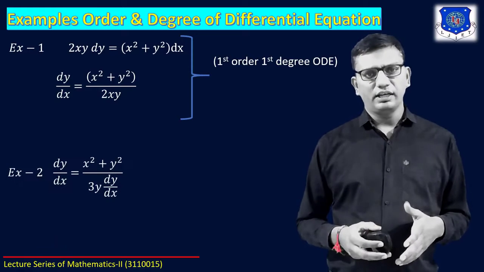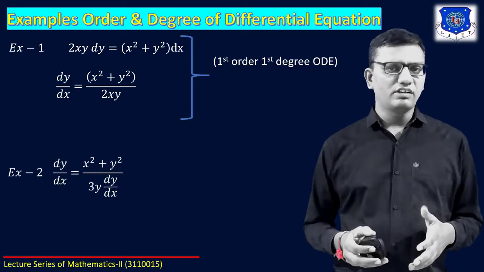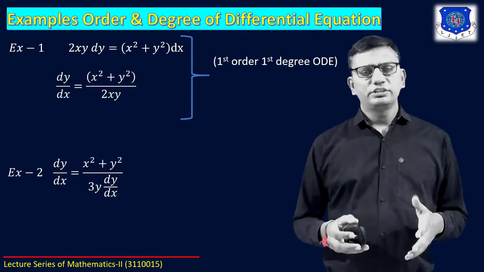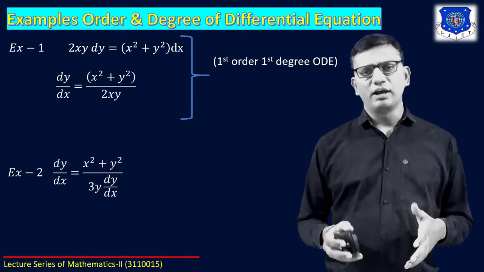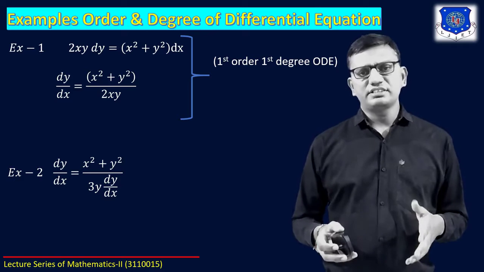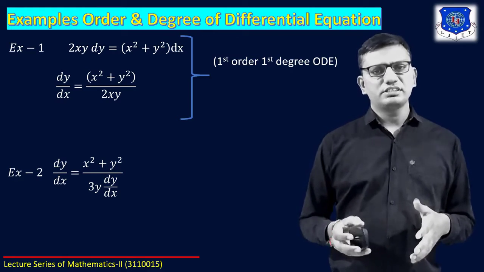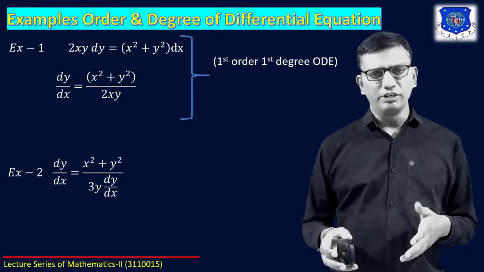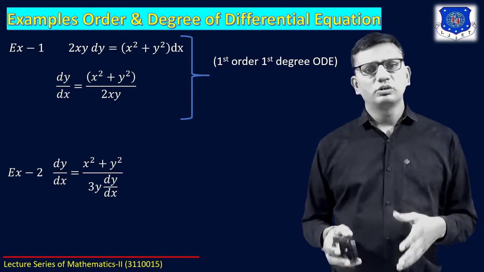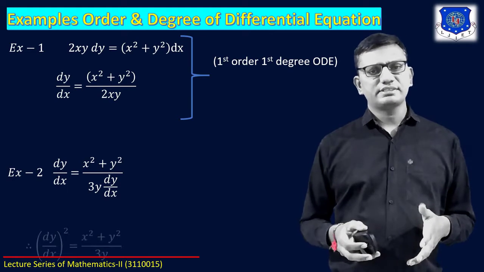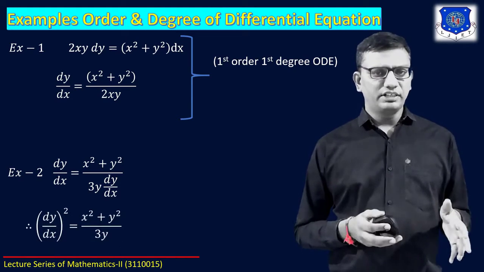In the next example, I am taking dy by dx equal to x square plus y square upon 3y into dy by dx. Here, on the right hand side we have a derivative in the denominator. That means the derivative dy by dx has a negative power, that is a radical power. So first of all we have to remove it, like dy by dx goes to the left hand side.